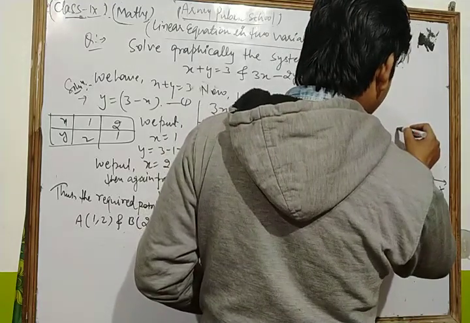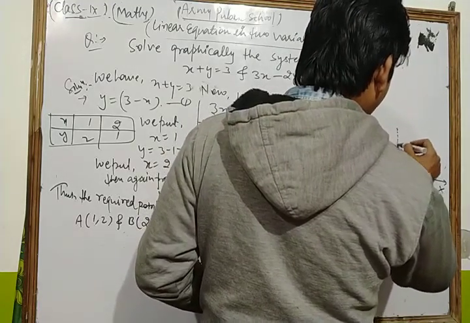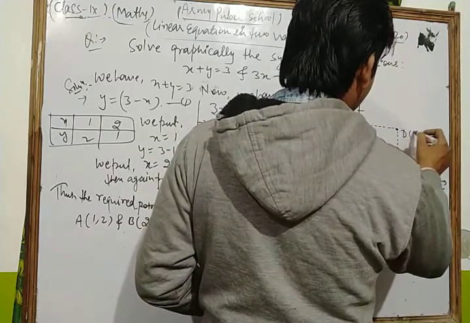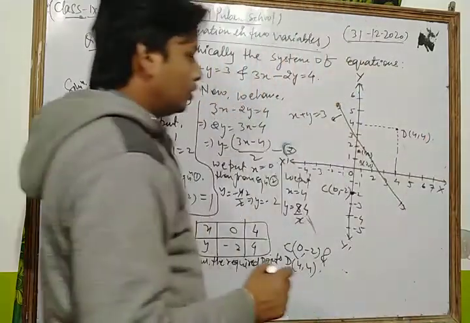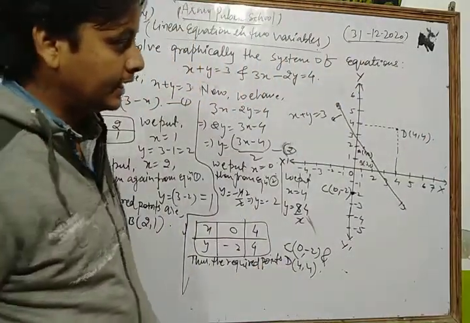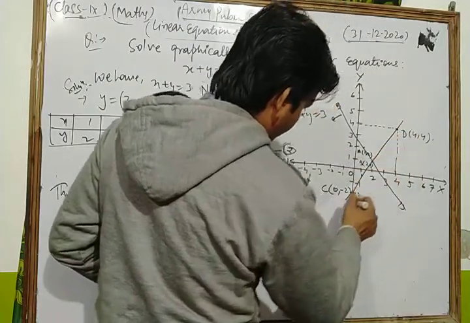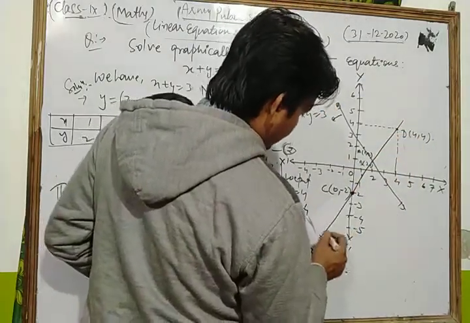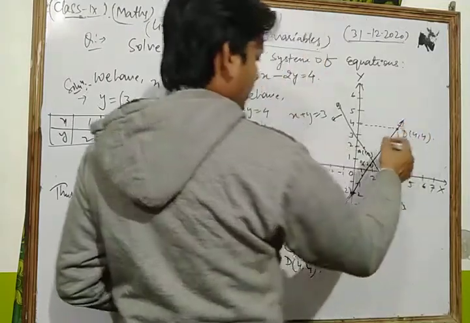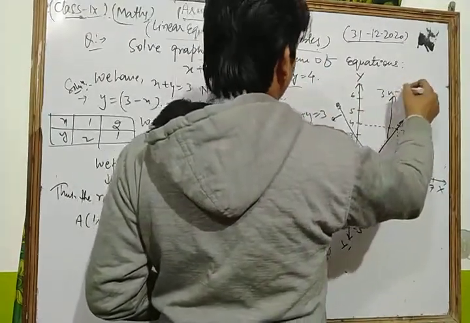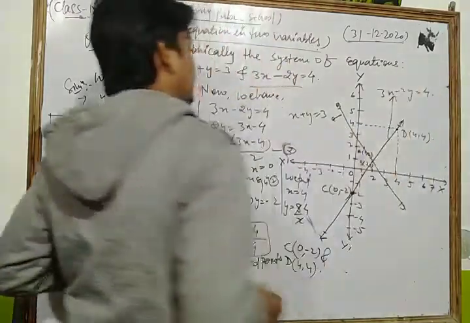Here lies the point D. This is 4 and 4. Now we join C and D. Now this is the required graph of the linear equation in two variables 3x minus 2y is equal to 4, dear students.